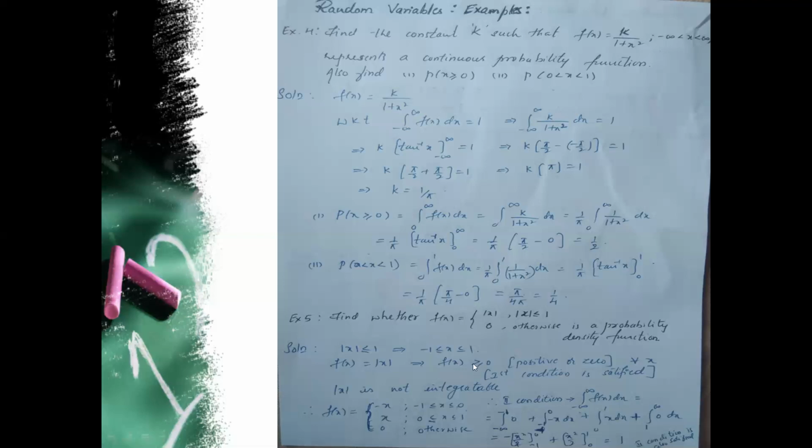F of x is greater than or equal to 0. So one condition is satisfied. The second condition we have seen already: integration from minus infinity to plus infinity of f of x dx is 1. Both the conditions are satisfied. Hence we say that the given function represents a probability density function.